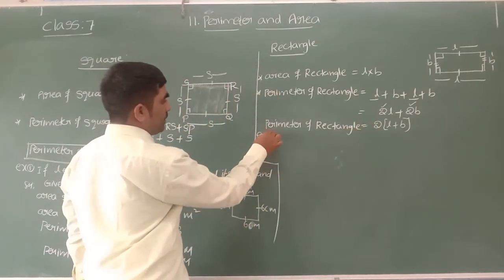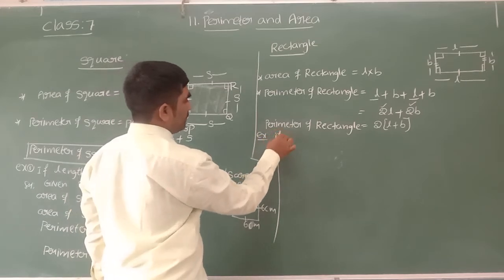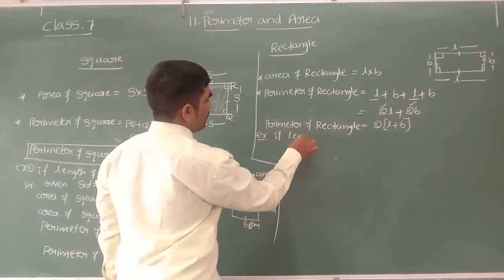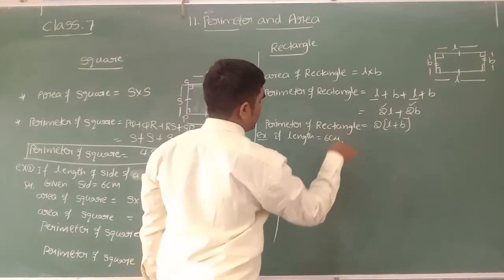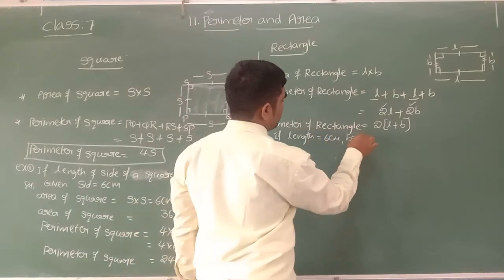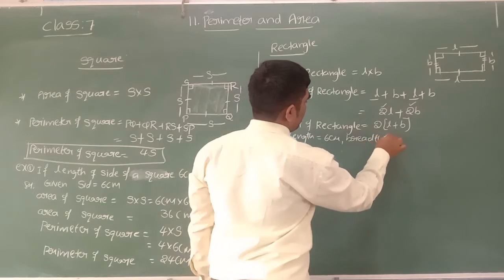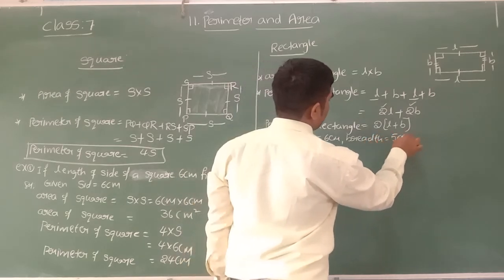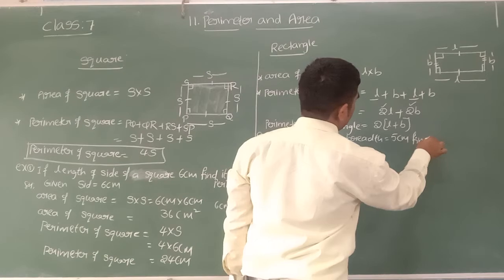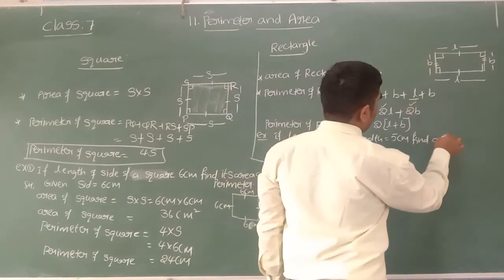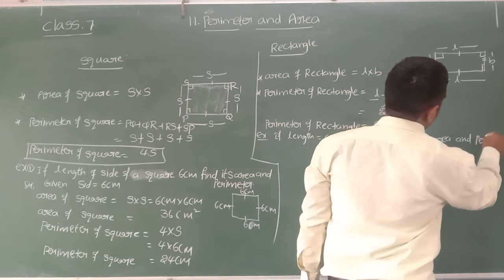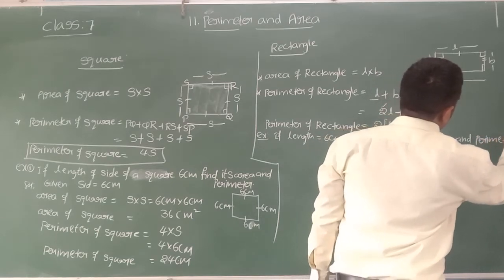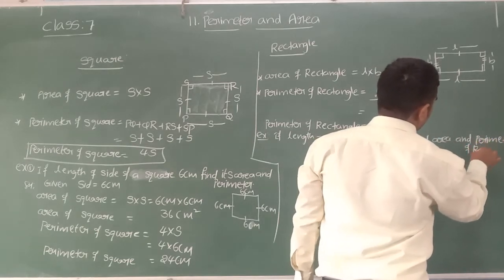Let us see some examples here. If length is equal to 6 centimeter and breadth is equal to 5 centimeter, find the area and perimeter of a rectangle.